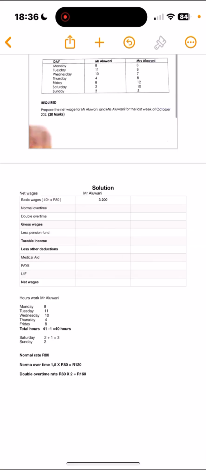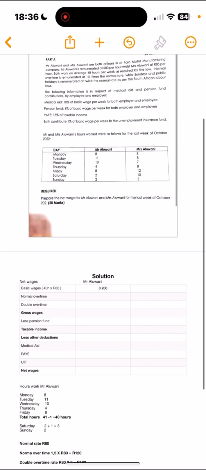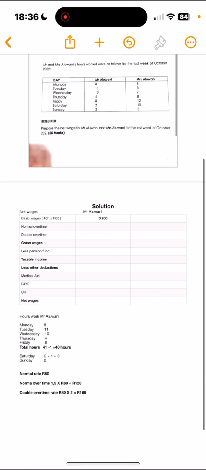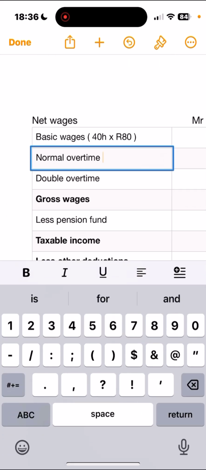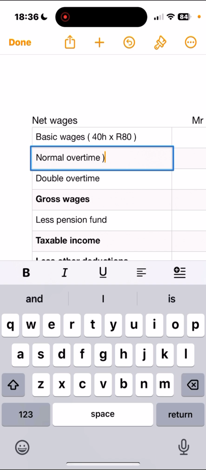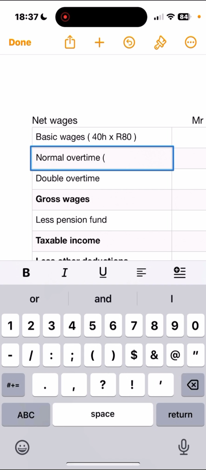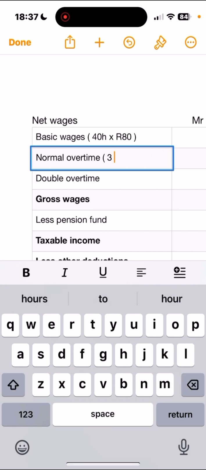And then normal overtime, students, it's always the hours that are left after you have reached the normal hours for a week, Monday to Friday, and then including Saturday. I told you that Sunday is always double overtime, meaning that now, as we have already calculated, this person has extra hours on Saturday of 3 hours.